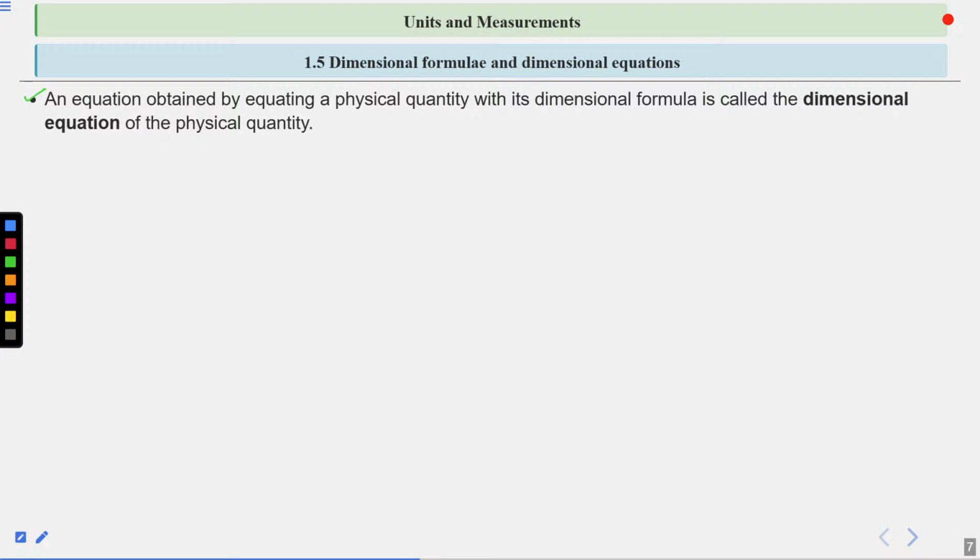An equation obtained by equating a physical quantity with its dimensional formula is called the dimensional equation of the physical quantity.